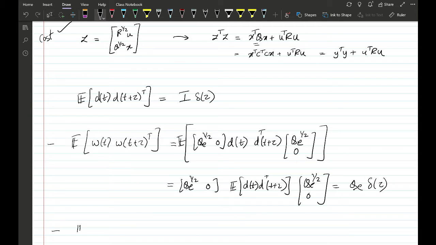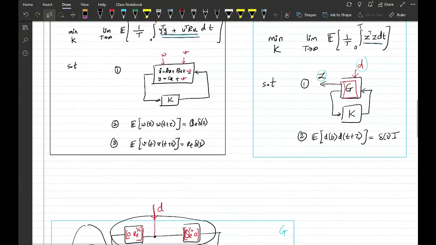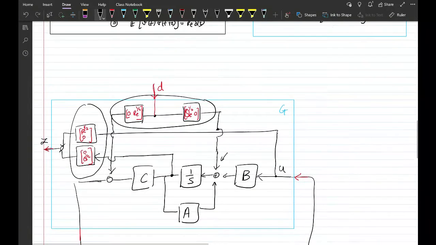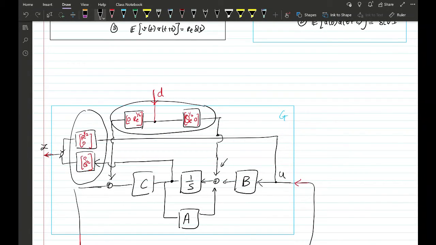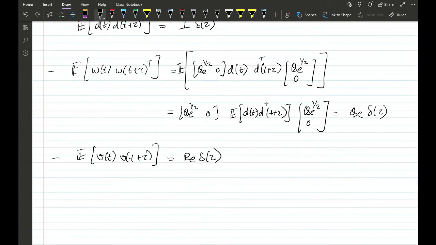Similarly, you can try to show that the expectation of V of t times V of t plus tau is nothing but RE delta of tau. To see that, you just have to look at where V is entering. V is entering at the output, so that would be here, and this V is nothing but D passing through 0 RE half, and you can check again that this is true.